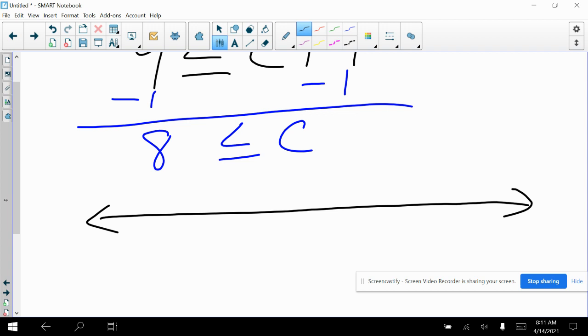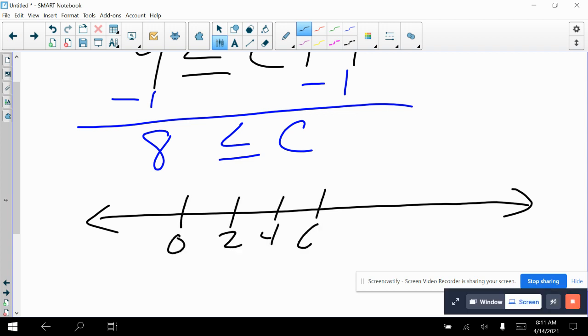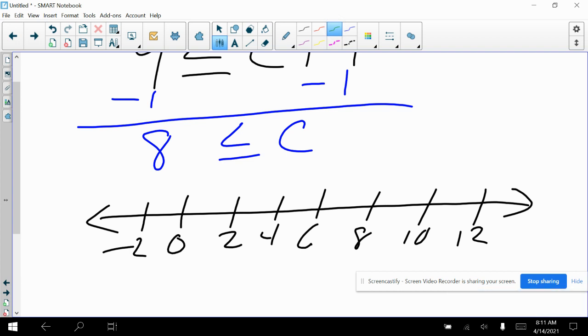And then when we go to graph them, what do we have here? c is greater than, so maybe we'll put 0 down here. We'll go 2, 4, 6, 8, 10, 12, -2. Open dot, closed dot? Closed. Sorry, I didn't hear you.